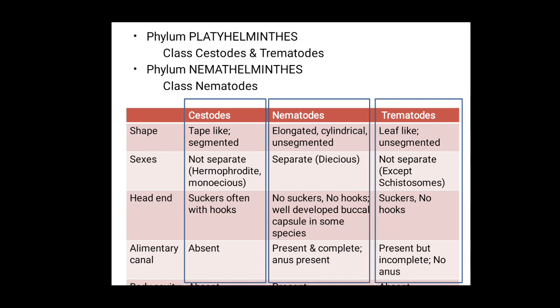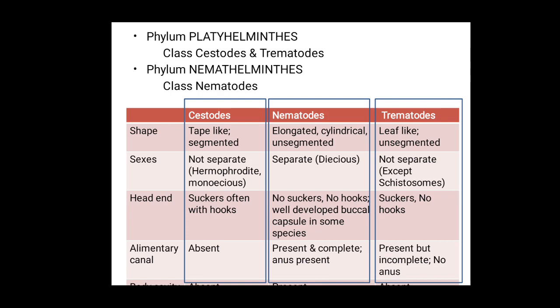The sexes in trematodes are not separate, that is, they are hermaphrodites, meaning male and female reproductive organs are present in the same worm. They are not separate, that is they are hermaphrodites or monoecious.